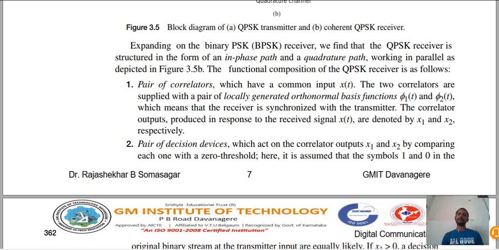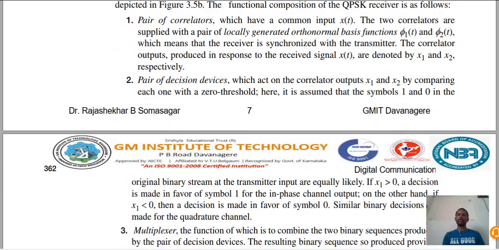If x1 is greater than 0, a decision is made in favor of symbol 1 for the in-phase channel output, and if x1 is less than 0, the decision is made in favor of symbol 0.